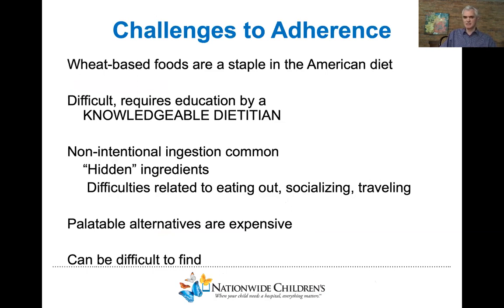And just having access to these dietitians can also be tough. Non-intentional ingestion are quite common because gluten can be hidden among the ingredients, and it can be difficult to eat out, socialize, and travel. So it can be quite tough on the patients for psychosocial reasons as well. Palatable alternatives are expensive, and gluten-free foods can be difficult to find, although this is less of a problem these days.